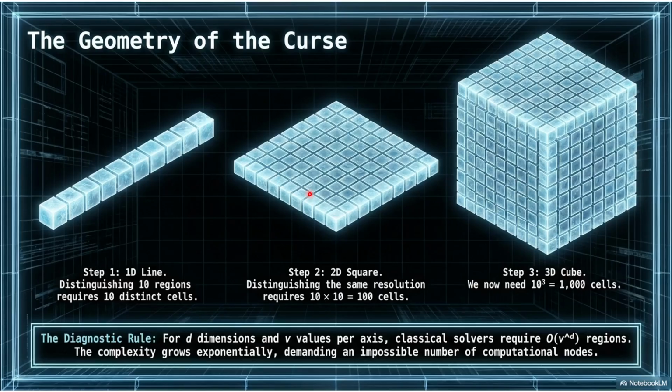So by step 3, a 3D cube exceeds 1000 cells. The diagnostic rule here is that for d dimensions and v values per axis, classical solvers require v to the power of d regions. The complexity grows exponentially, demanding an impossible number of computational nodes.